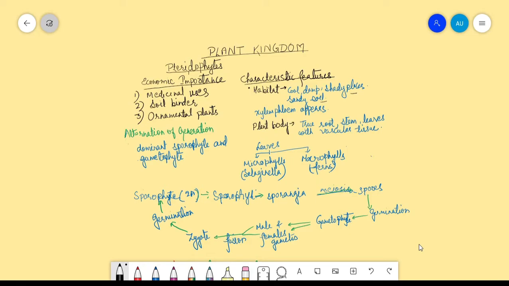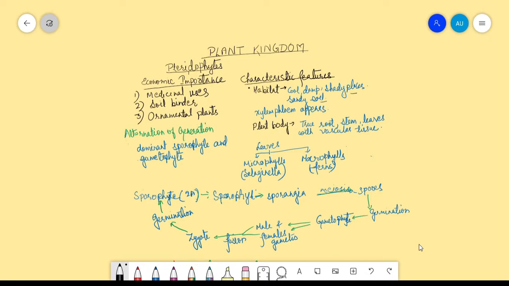Till bryophyta they were absent. So we can see that pteridophytes are more evolved than the bryophyta. This shows the process of evolution, and hence the most important characteristic feature is that this group of plants has true root, stem and leaves with vascular tissue, that is xylem and phloem, for the purpose of conduction.